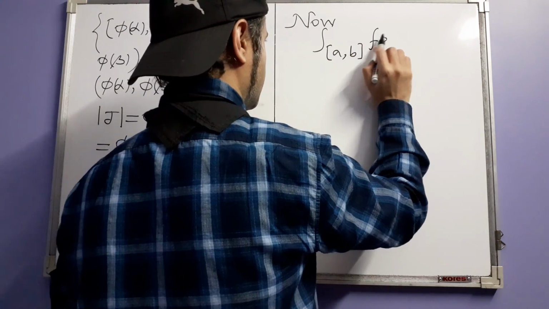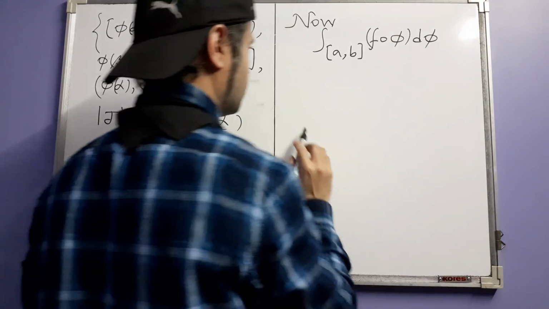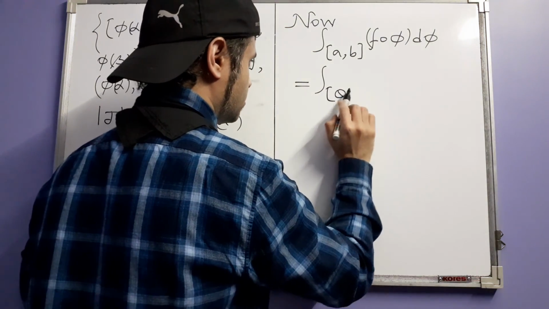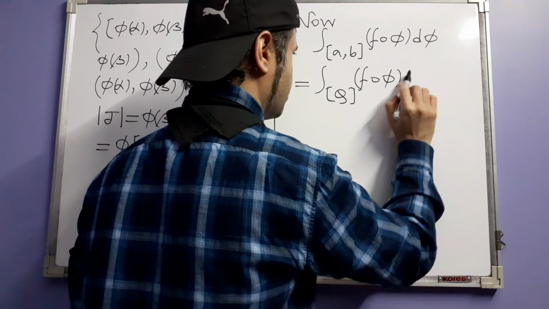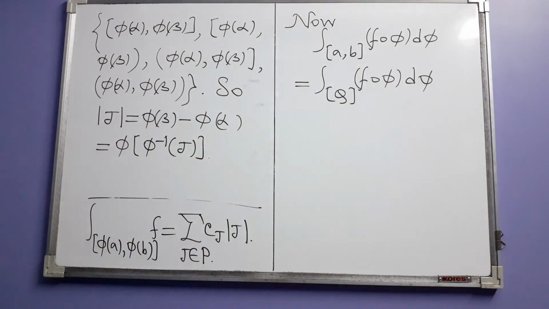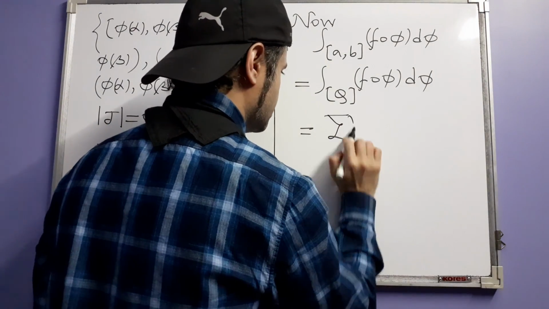Riemann-Stieltjes integral. So we know that this is the Riemann-Stieltjes integral of f composition phi with respect to phi and for the partition Q. So by definition, this is a sum.